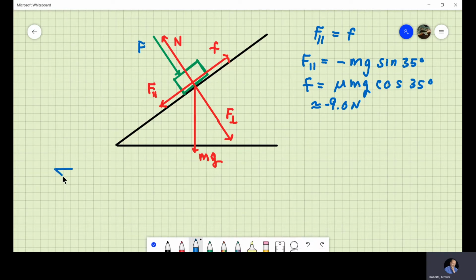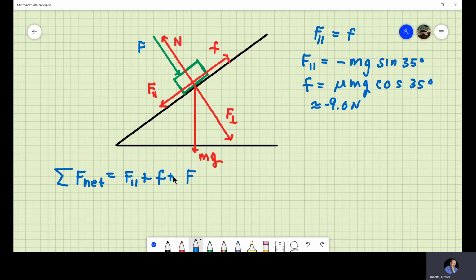Our net force is going to be equal to the parallel force plus the force caused by friction, and then we have another force. This other force is a perpendicular force.